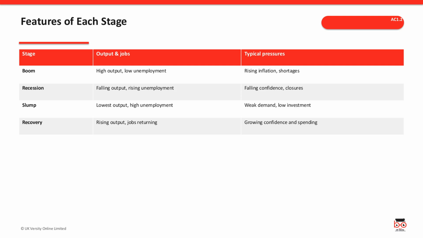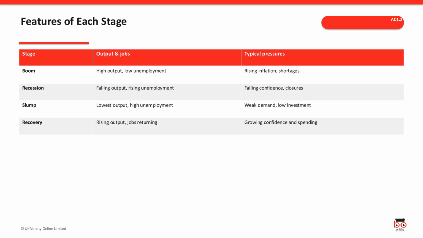It helps to picture each stage by its features. In a boom, output is high and unemployment low, but you get rising inflation and shortages. Think of firms struggling to fill vacancies during a hiring frenzy. In recession, output falls and unemployment climbs as confidence drains and some businesses close their doors.